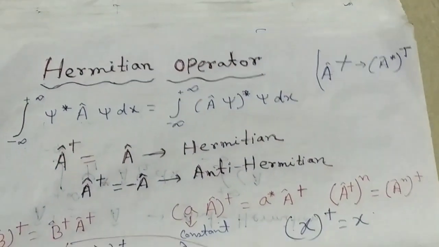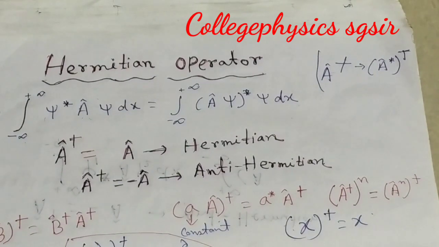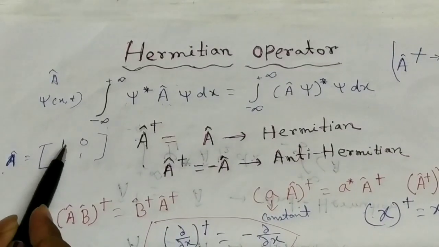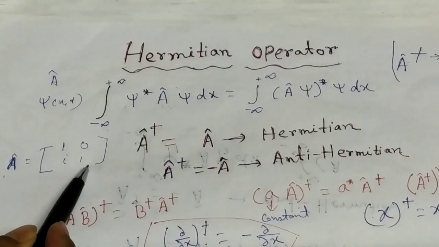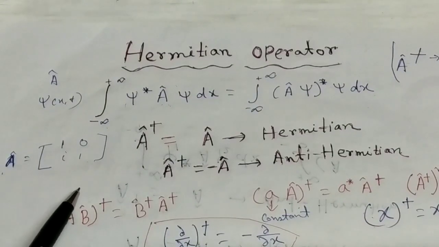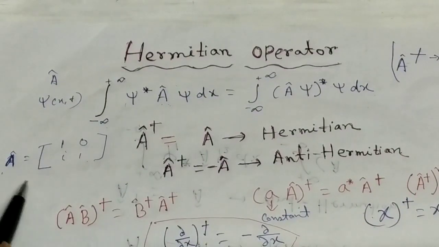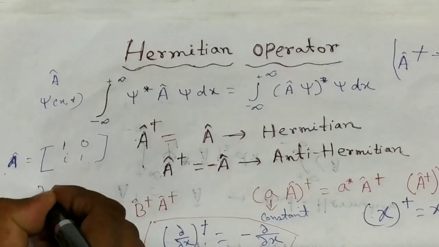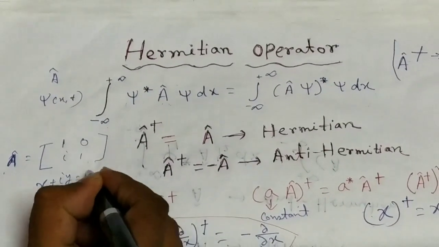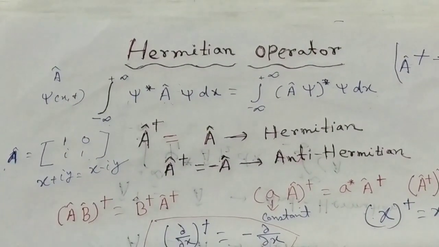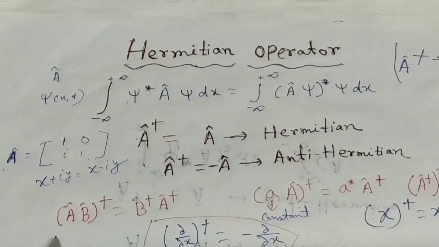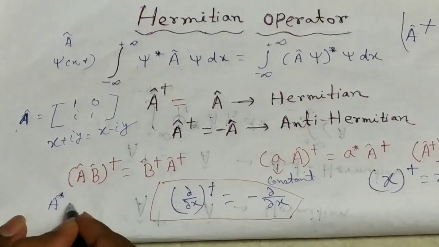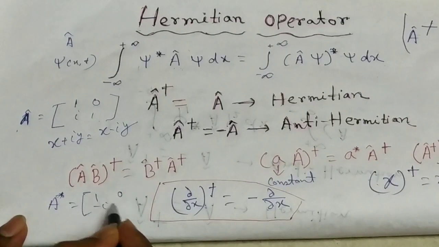So now we discuss the Hermitian conjugate. Suppose we take an operator A equal to the matrix [1 0; i 1]. For the Hermitian conjugate, we calculate the conjugate, then we calculate the transpose. We know the conjugate of x plus iy is x minus iy. So the conjugate of A, A star, is [1 0; minus i 1].